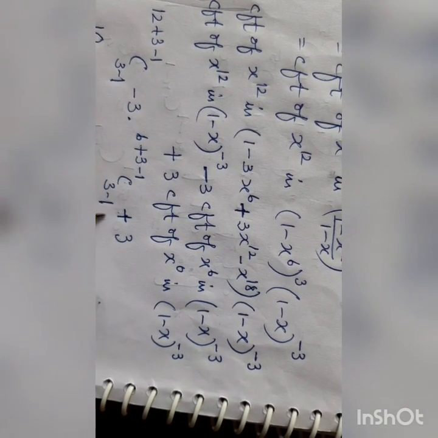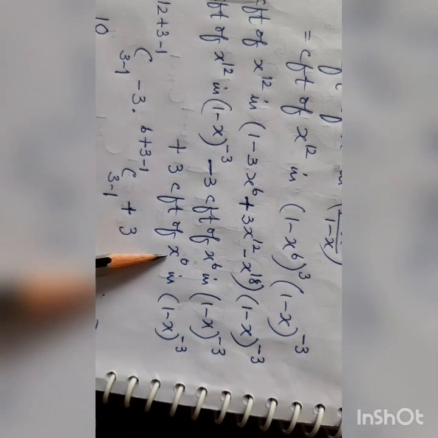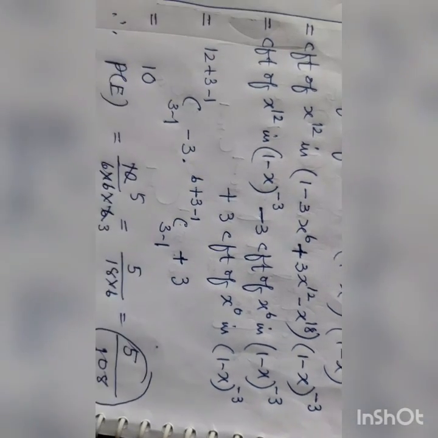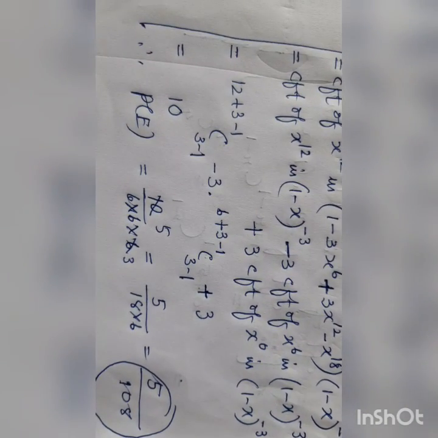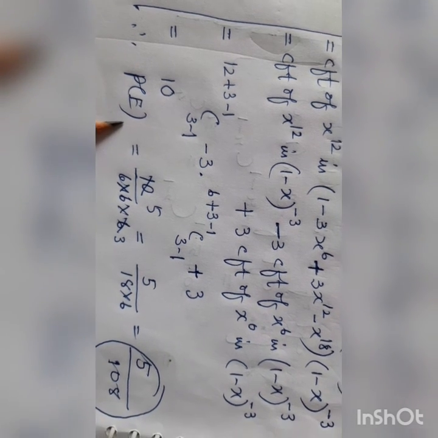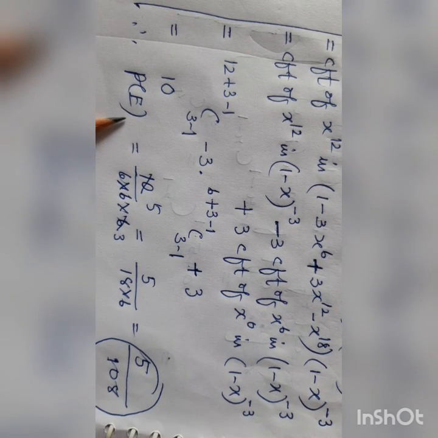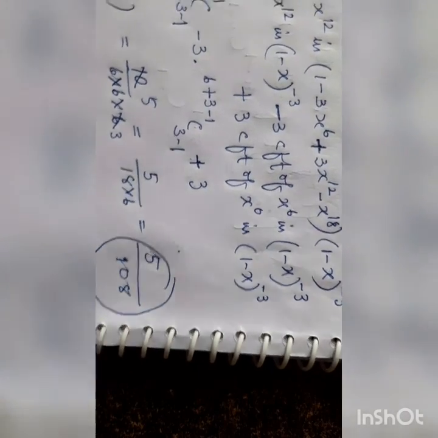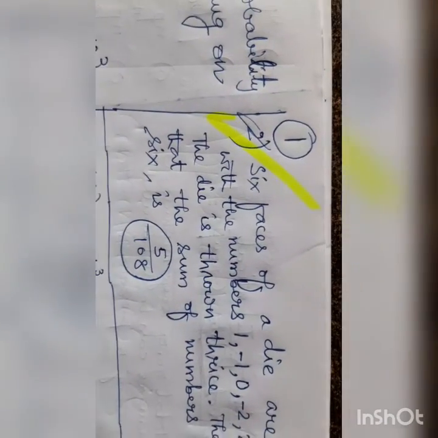Minus 3 into 6 plus 3 minus 1 C 3 minus 1, plus x power 0: 0 plus 3 minus 1 C 3 minus 1. That is 3. We got the answer 10. P of E equals 10, n of E, by 6 cube. Simplify and we got 5 by 108.